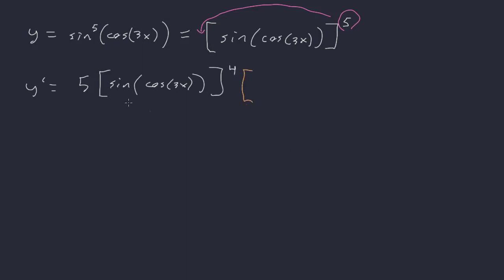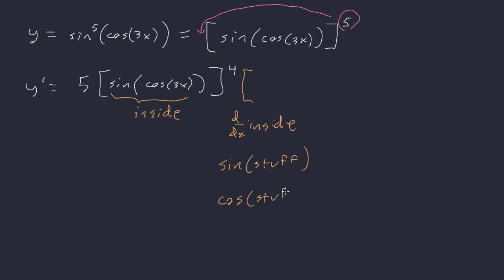Then we start worrying about the derivative of the stuff. So this is the stuff, or actually let me call it the inside. So we want to put the derivative of the inside. But the inside is sine of some stuff. Okay, so its derivative is going to be cosine of that stuff, right, times the derivative of the stuff.